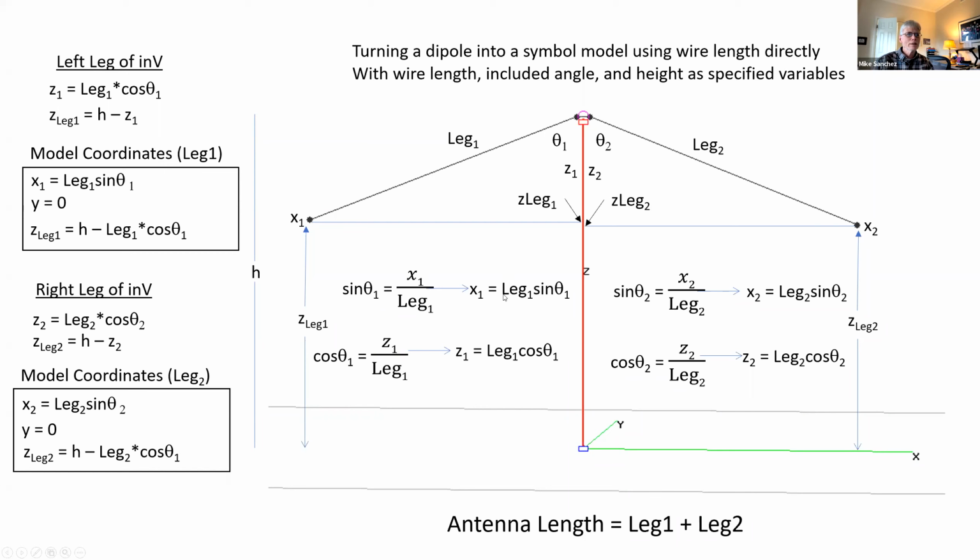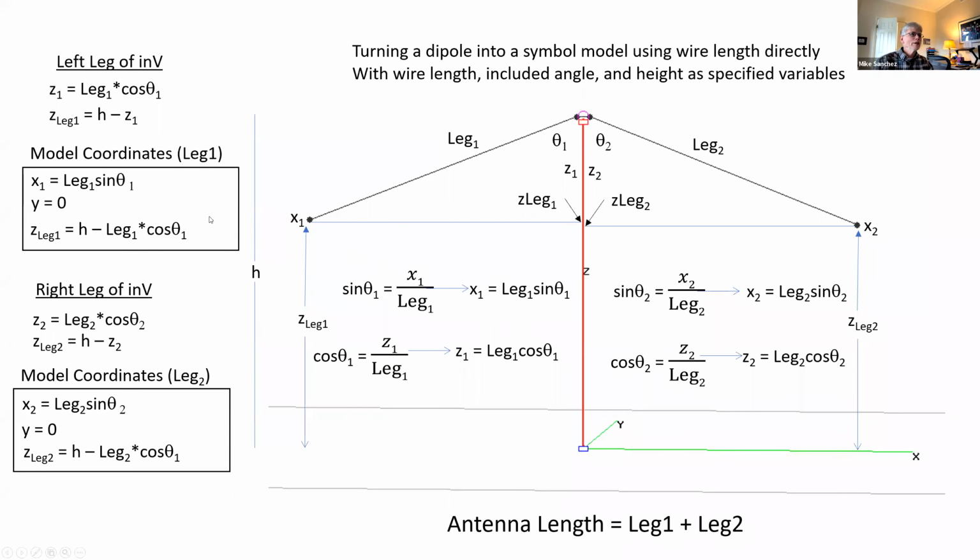So x1 is equal to leg 1 sine theta. And cosine theta is equal to z1, this length here, over leg 1. So z1 is leg 1 cosine theta. And same exact thing over here. So just some high school stuff here.